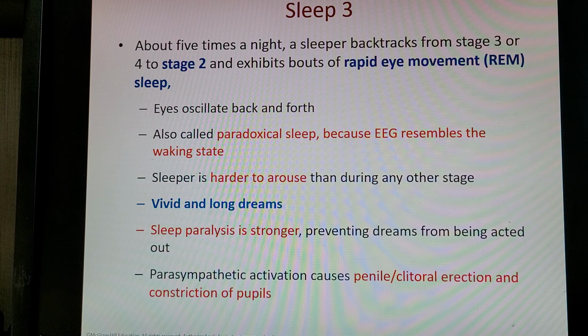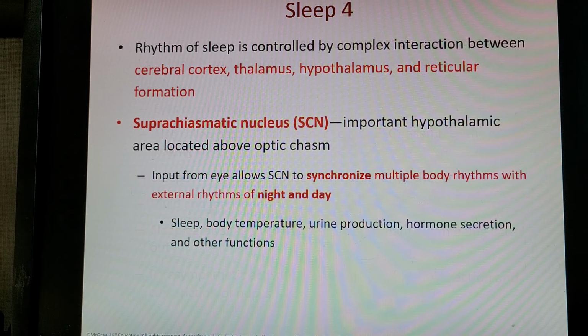So this can resemble being awake just because you're active and doing stuff in your dream. You do have more sleep paralysis, so you don't, again, knock out your partner because you're doing something in your dream. Helping to regulate this is the suprachiasmatic nucleus.